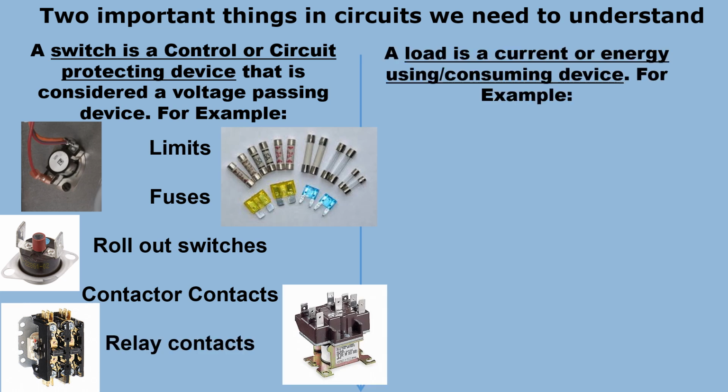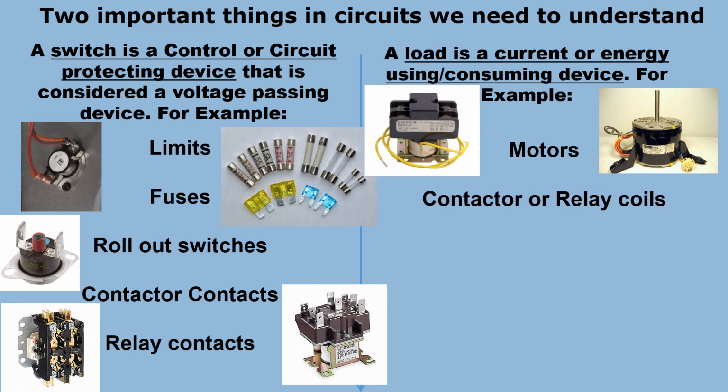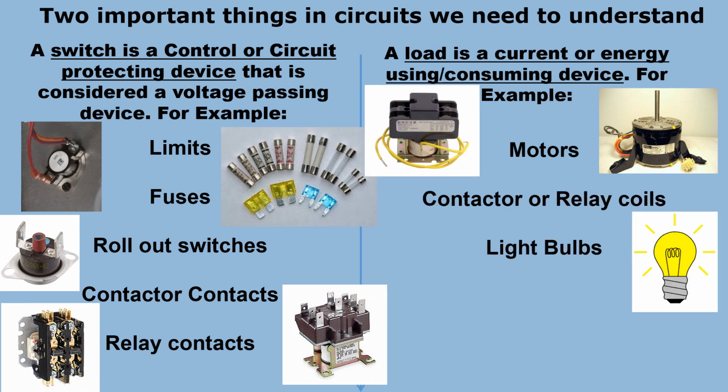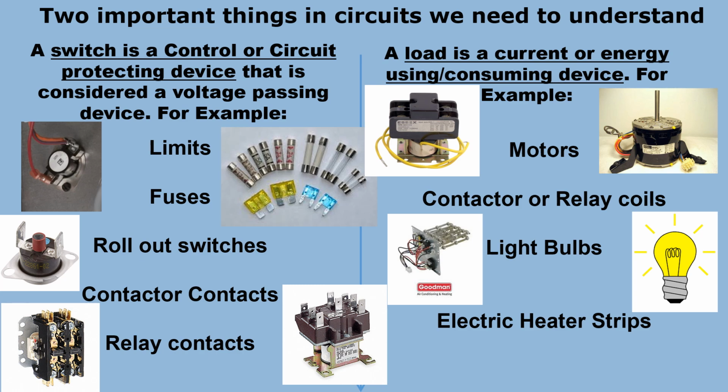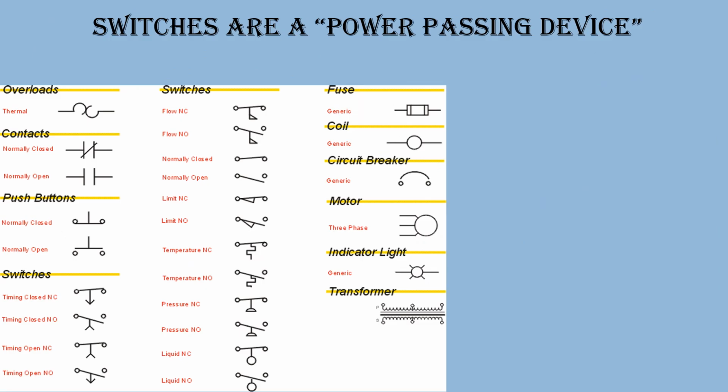A load is a current or energy using or consuming device. For example, motors, contactor or relay coils, light bulbs, electric heat strips. Again, switches are a power passing device.